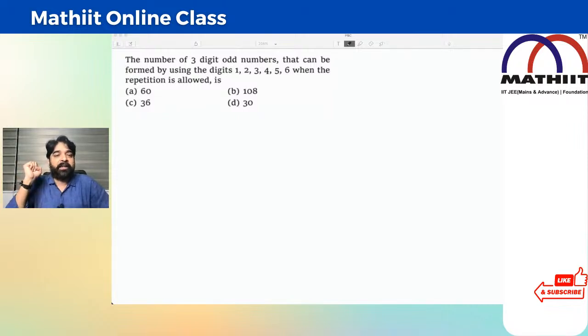How many three-digit odd numbers can be formed by using the digits 1, 2, 3, 4, 5, 6 when repetition is allowed? Quickly, everybody, it's a simple question. You should not take this much time.